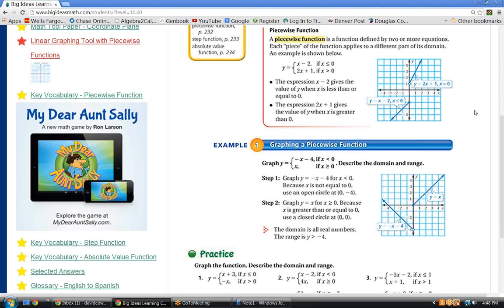You with me? Yeah. What is the domain of this function? Figure it out by looking at the function. Negative 3 to 2?